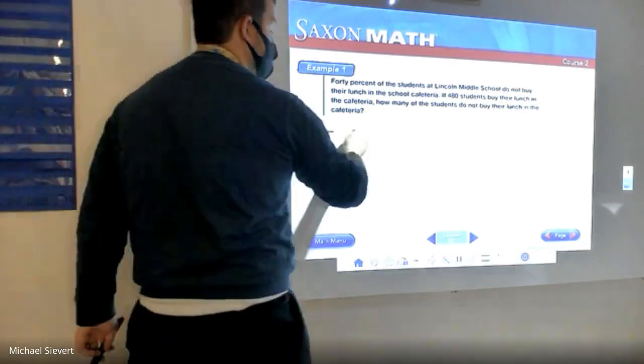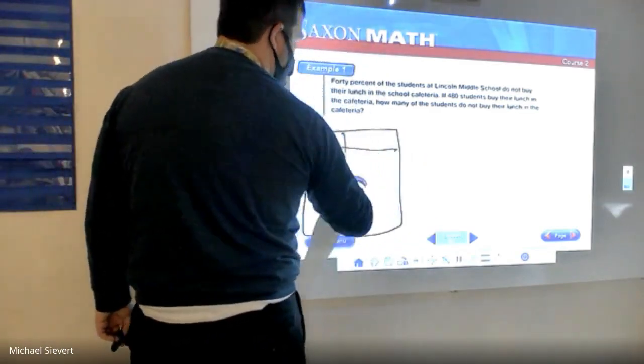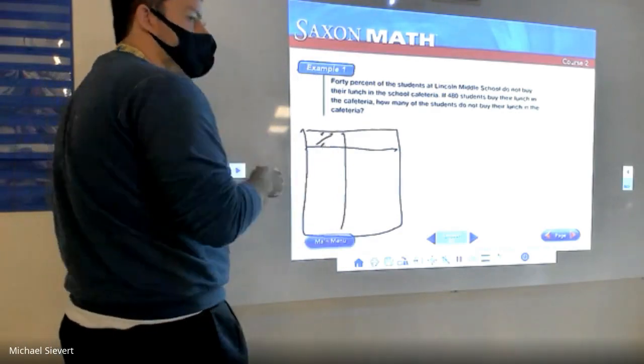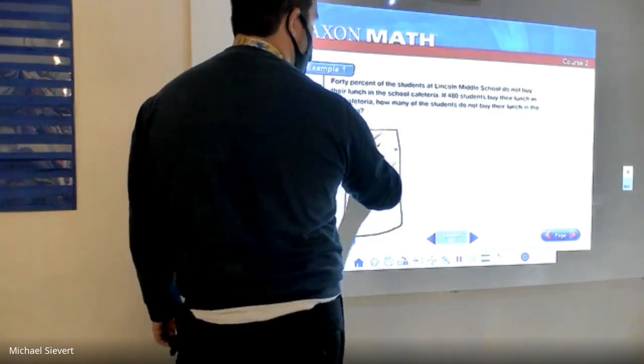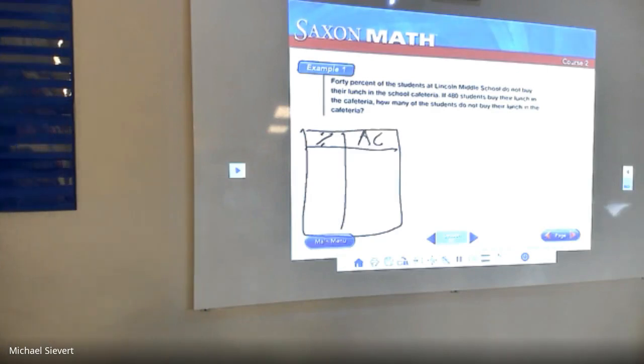First you draw a square. You're going to put percent on this side. I like using the percent sign because I'm lazy. I don't want to write the word percent. And then I put AC for actual count. Percent is like when you see something percent on the news, in the media, in sports.